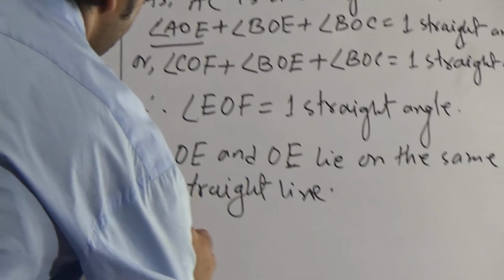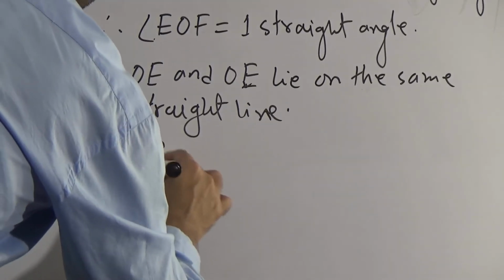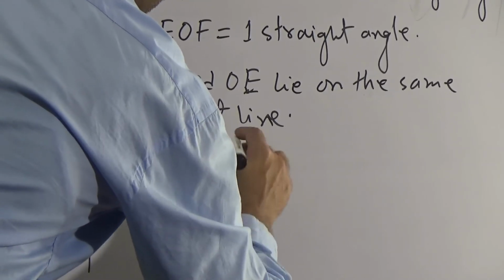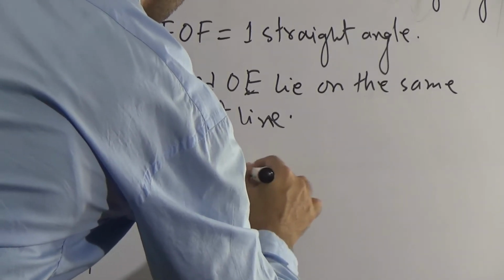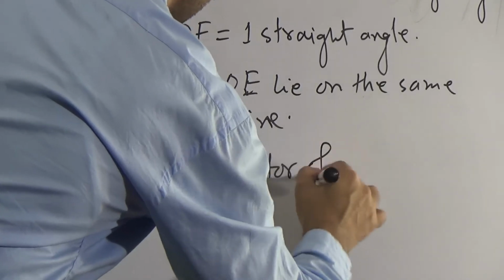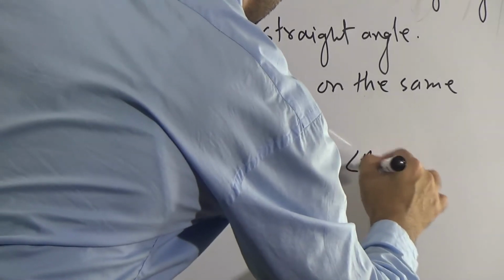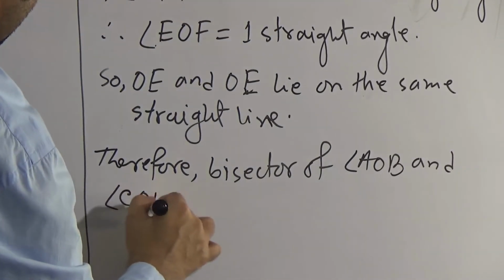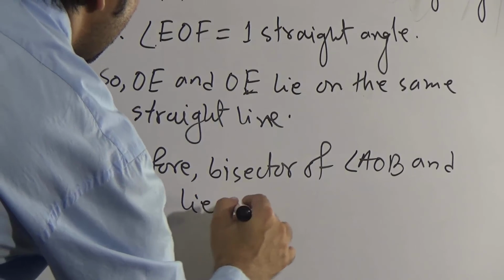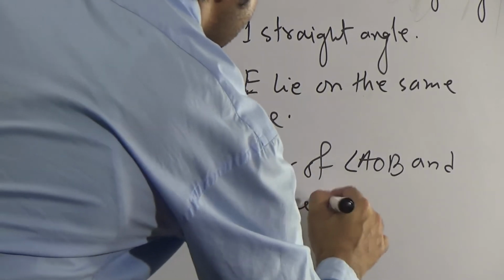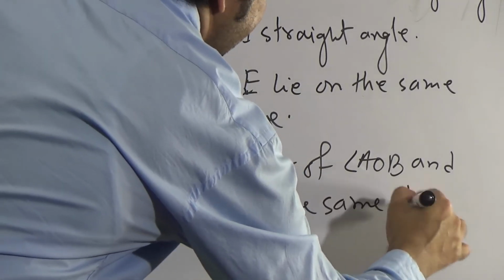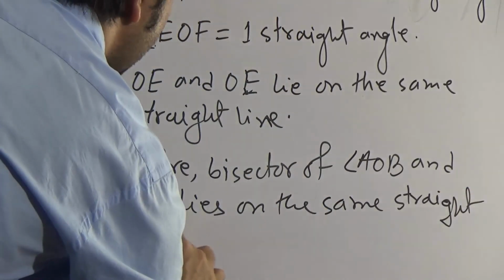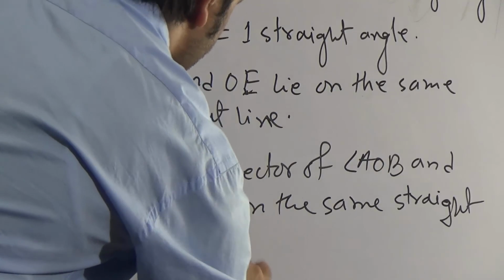Therefore, the bisectors of angle AOB and angle COD lie on the same straight line. Proved.